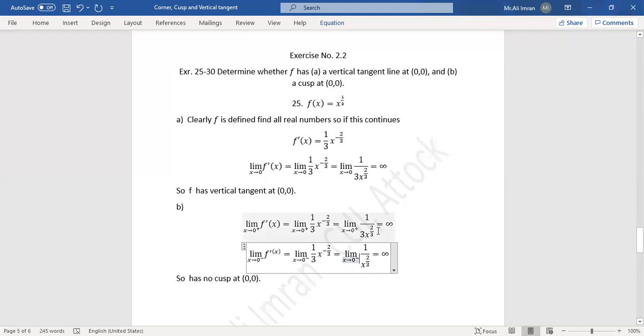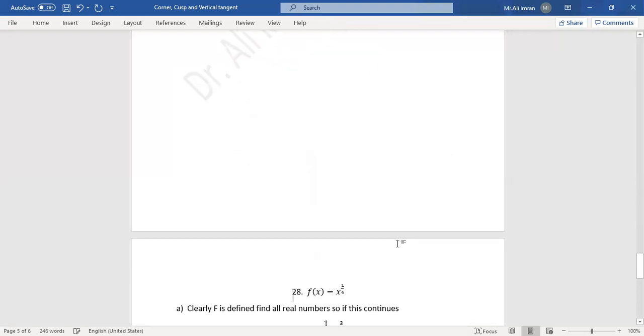In this case, both limits are equal to plus infinity, so f has no cusp. I repeat, if a function has a cusp, then the right hand limit should be plus infinity and the left hand limit should be minus infinity. In this case, both limits are plus infinity, so f has no cusp.